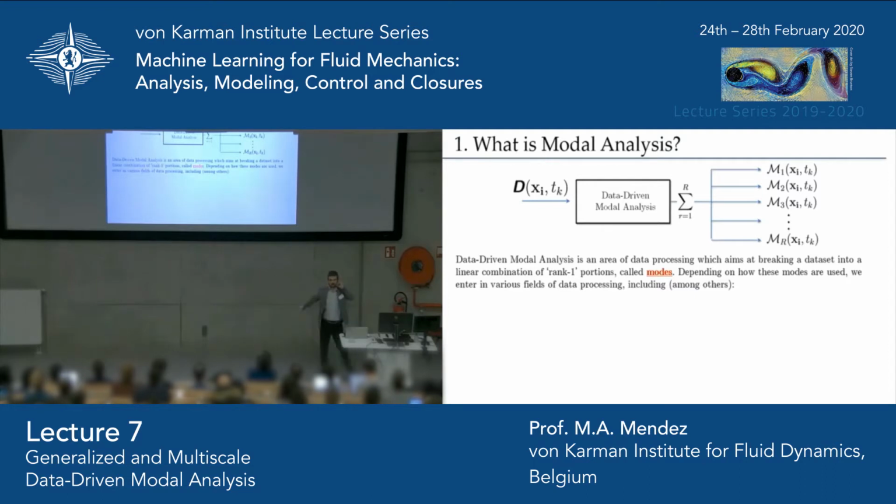Could be spectral POD, POD, mPOD, DFT, you name it, okay? What I'm saying is that each of these has been derived under some criteria, and you are isolating and breaking the data into a set of rank 1 information, okay? Now, not all decompositions are rank based. So if I take 4 modes and I sum them up, I don't necessarily get rank 4 data, okay? This happens only for the POD.